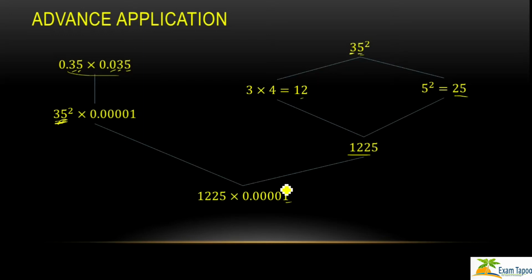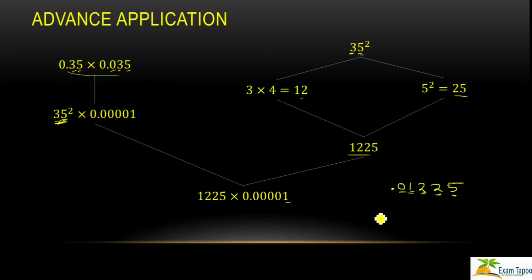So how will I calculate the decimal? See, this is 1, 2, 2 and 5, and I have to put the decimal after 5 places starting from the right hand side. So this is the first digit, the second digit, third digit, fourth digit. Now I have only 4 places here. What I will do, I will add a 0 just before the 1. So this is first place, second place, third place, fourth place and fifth place, and then I will put a decimal.